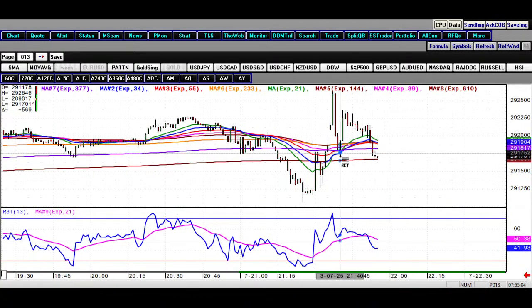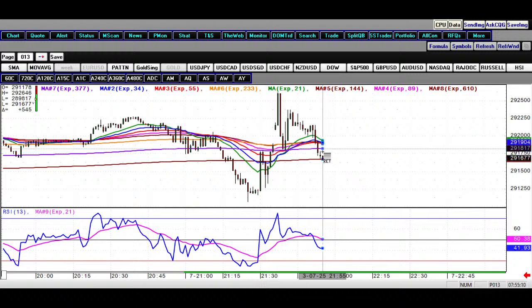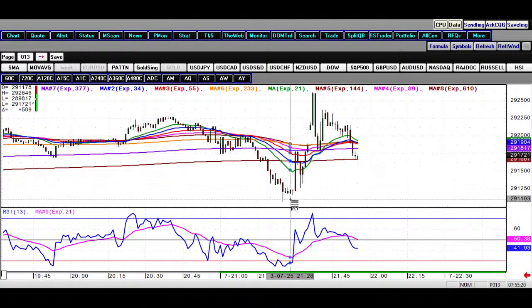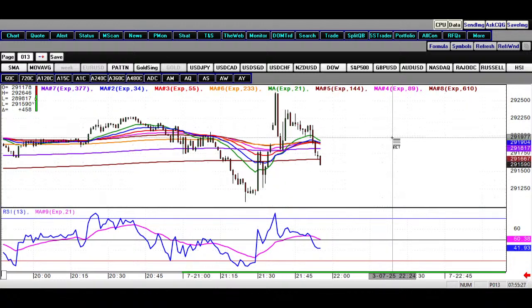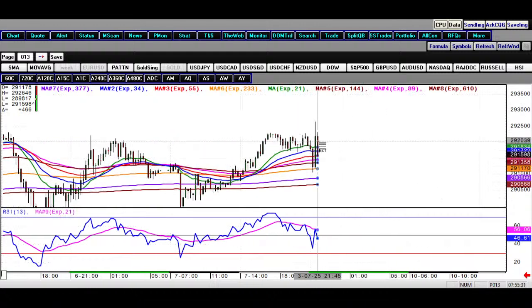Okay, so right now I think it's breaking that 17. So 17 and 14 half must break. These are the two levels we need to pay attention to. And this weakness is expected to last for another 5 more minutes.